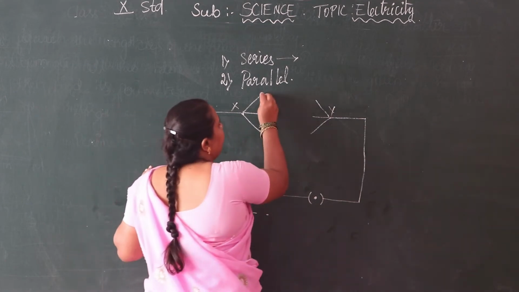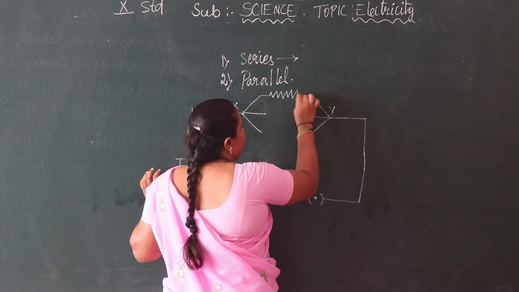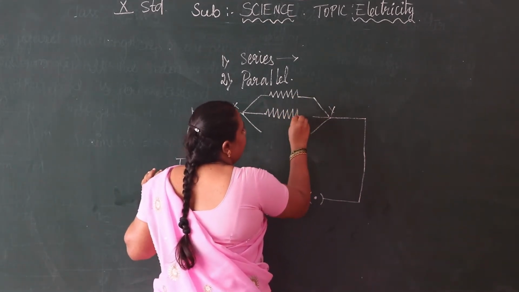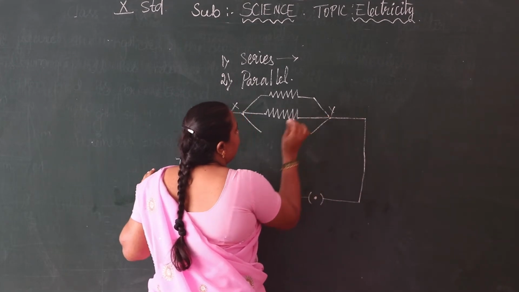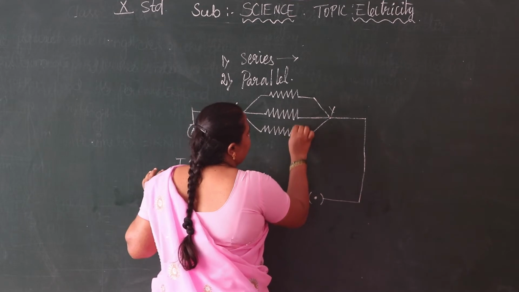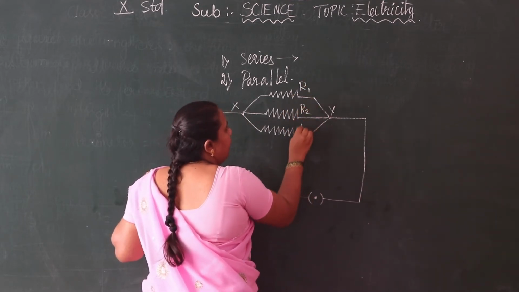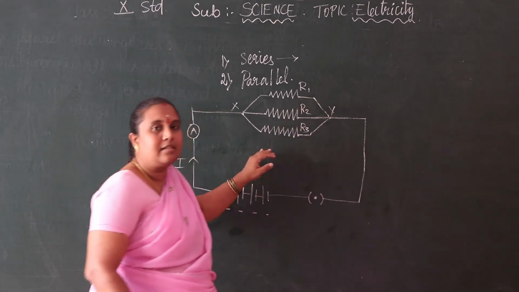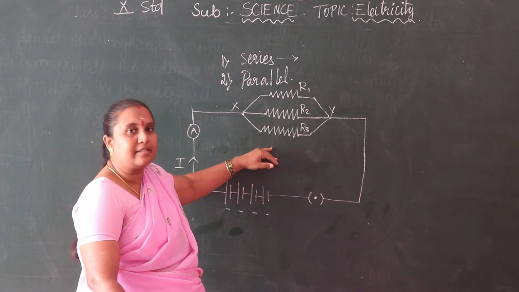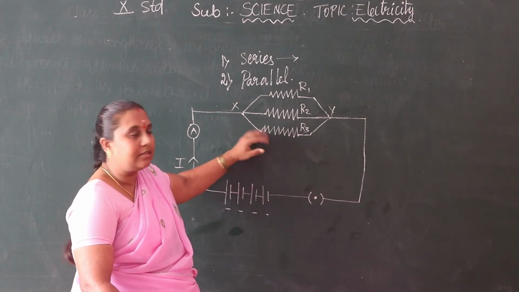Here R1, R2 and R3. So how many resistances can we connect in the circuit here? Three resistances in parallel in the electric circuit.